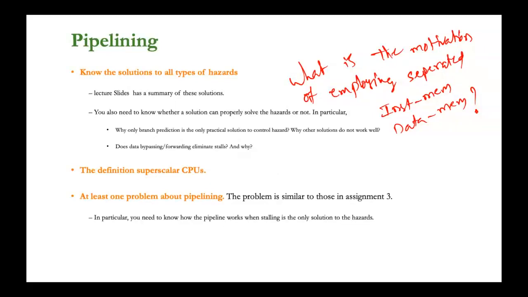Is my voice clear? Okay, somebody is asking which page that is on. You please follow all my pipelining slides, and you will get the answer for that. The question is, what is the motivation of employing separated instruction memory and data memory?